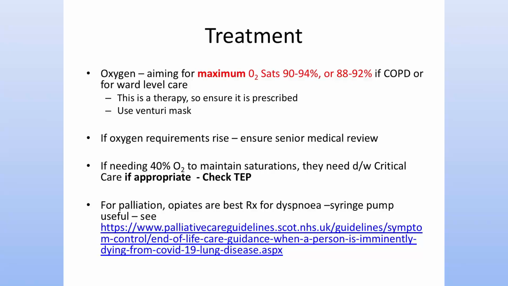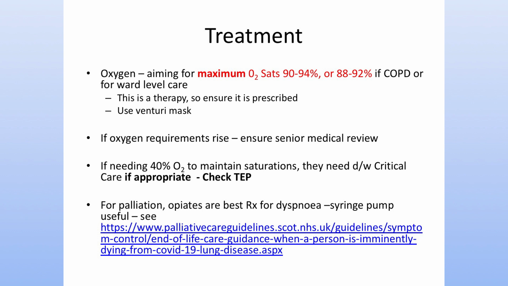And is that a good indication of a patient's requirement and dependency level if their requirement goes up for the Venturi masks? Yeah, so if patients start to rise in their oxygen requirements or their Venturi mask goes up, then you do want to discuss them with critical care if they're for escalation. So patients who are needing 40% oxygen, then the doctors probably will be discussing them with critical care if they're for escalation.